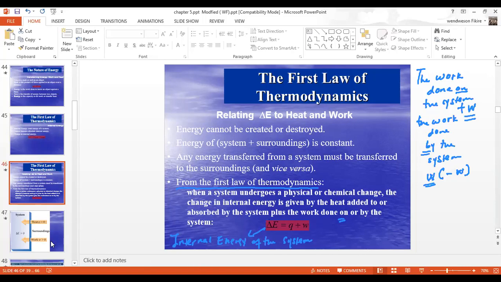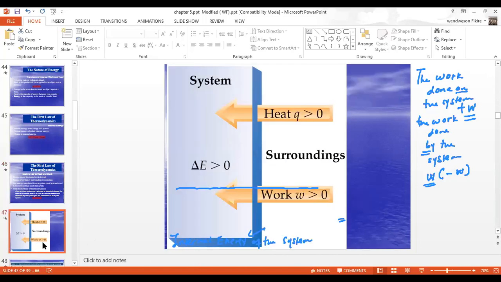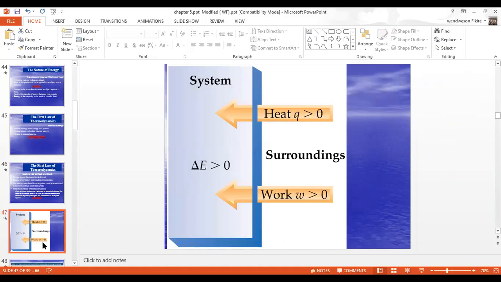Maybe the next slide would clarify that for you. You see, this is the system here in gray, with the surroundings around it. So the system delta E is Q plus W.